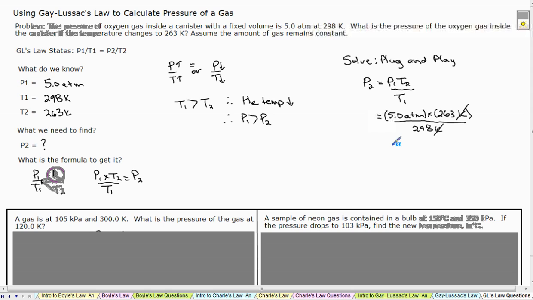So 5 times 263 divided by 298 is equal to 4.4 atmospheres. And we can see that P2 is smaller than P1, so we know we're on the right track.